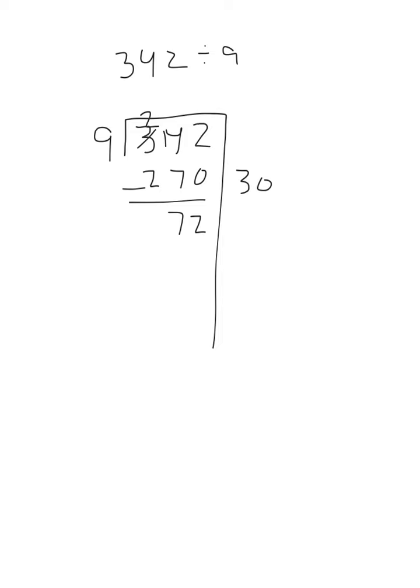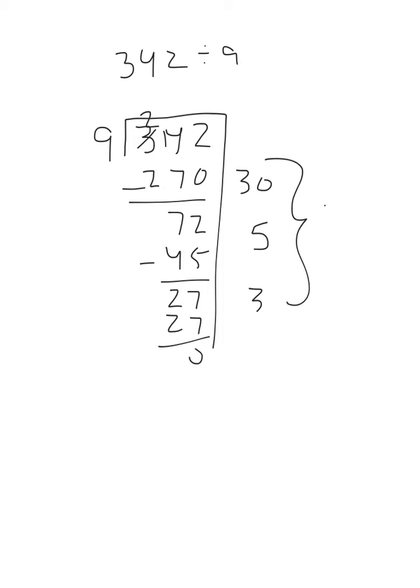Let's say you say, well, for whatever reason, that multiplication fact is not fluid with me yet, but I do know that if I give away 5 more, so that's 45, I still have 27 left, and I know that 9 times 3 is 27. So there's no M&Ms left, and I was able to give each one of my friends 38 M&Ms.